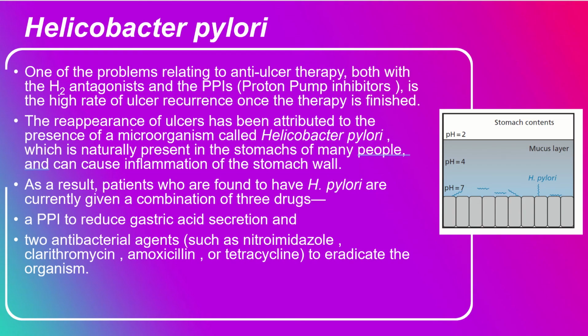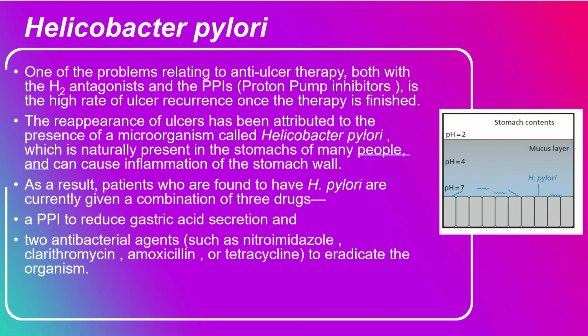All right, so continuing our conversation about H. pylori, one of the problems relating to anti-ulcer therapy, both with H2 antagonists and the PPIs, which are your proton pump inhibitors, is the high rate of ulcer recurrence once the therapy is finished.